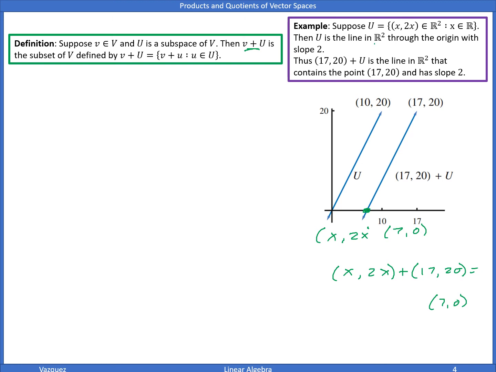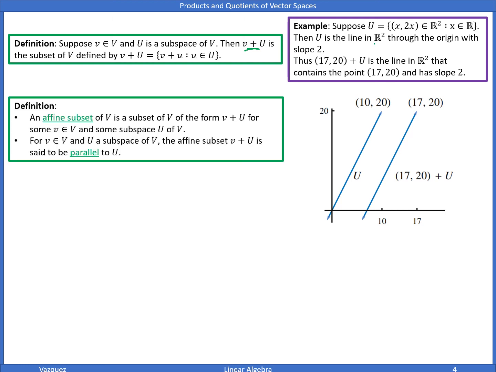Well, then I know x equals negative 10. So if x equals negative 10, then we have (-10, -20) plus (17, 20) gives us (7, 0), and that's how we get this point here. You can work backwards. I don't want to say too much because I already feel like I'm confusing you more than anything. But just make sure you see how we're getting this new line by just adding that vector v, (17, 20), to the subspace U.